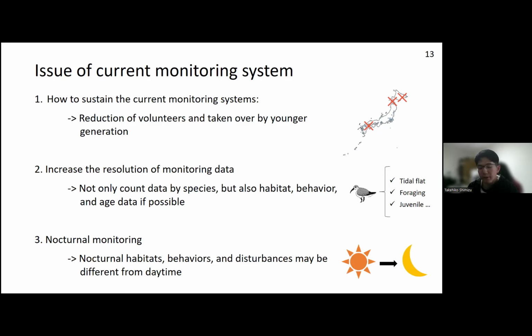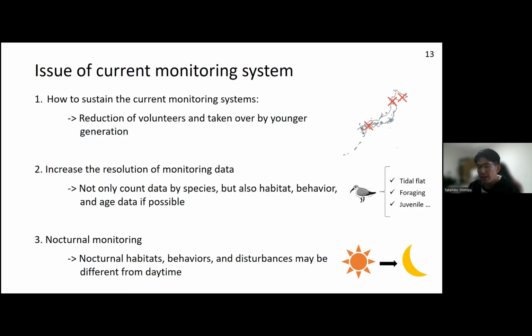Secondly, we should increase the resolution of monitoring data. Previous monitoring surveys tend to record abundance for each shorebird species. In addition to that, monitoring surveys should try to record habitat type, including artificial habitat, behaviors in them, and age data if possible. This data can expand the range of analysis.